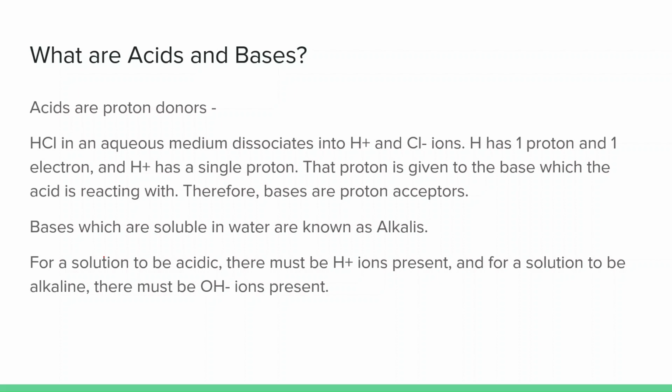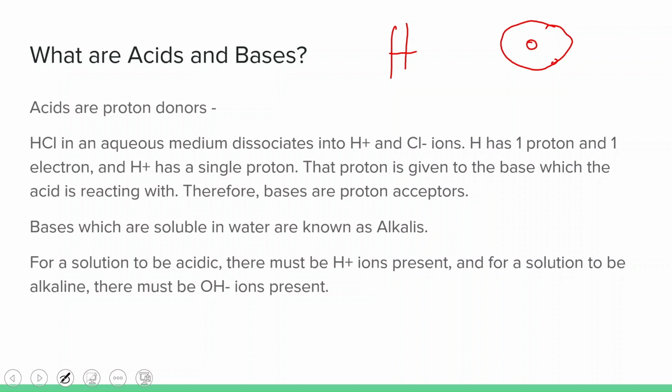So let's start with acids and bases. Acids are nothing but proton donors. And HCl, for example, if you take HCl as the acid, when it is dissolved in water to form an aqueous solution, it is completely dissociated into H+ ions and Cl- ions. A hydrogen atom, not molecule, is nothing but one proton and one electron.